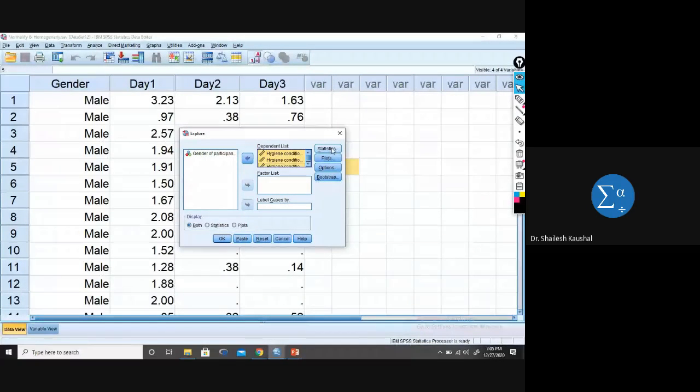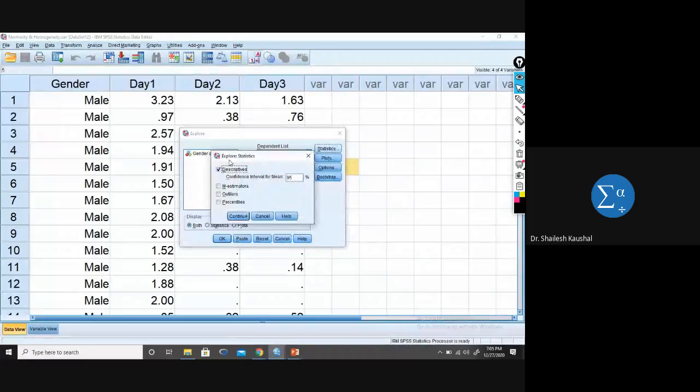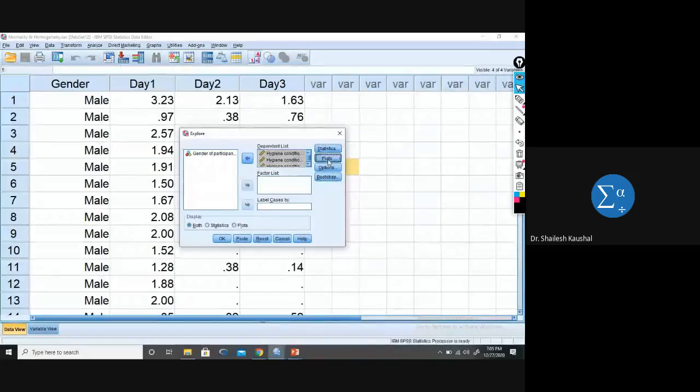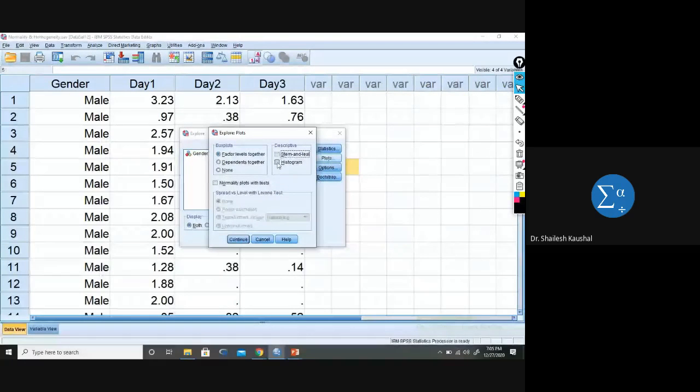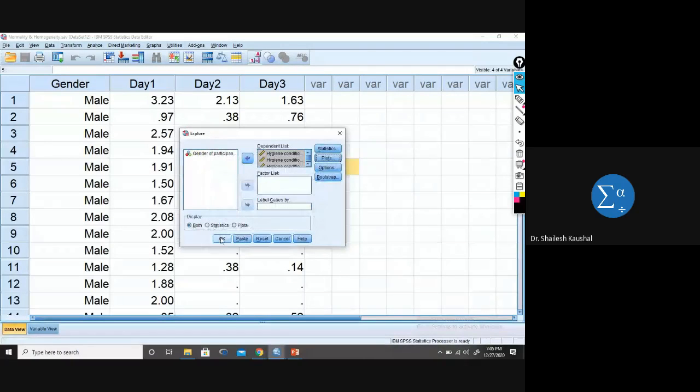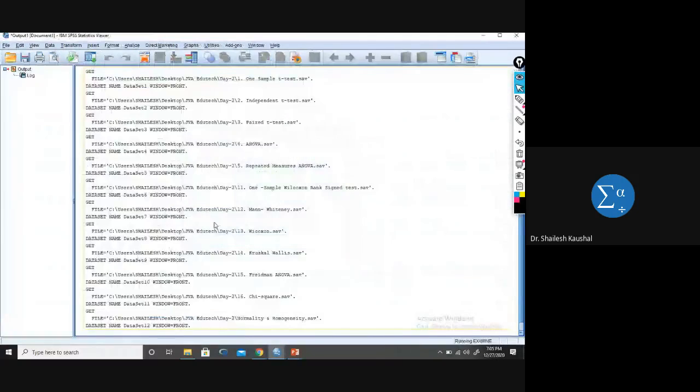I am pressing statistics, nothing to do because by default descriptive statistics is ticked. This table will give us the skewness and kurtosis values, and then continue. Second, plots. I need histogram and the KS test for normality. Then continue, and after this okay. Now my result.